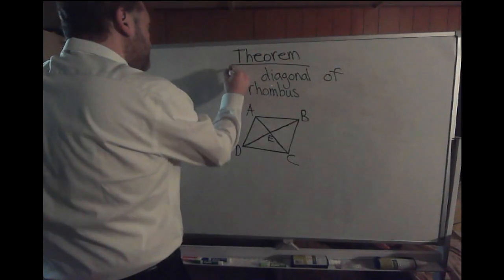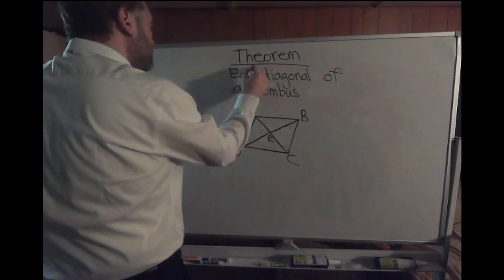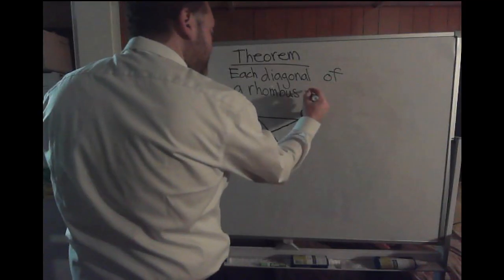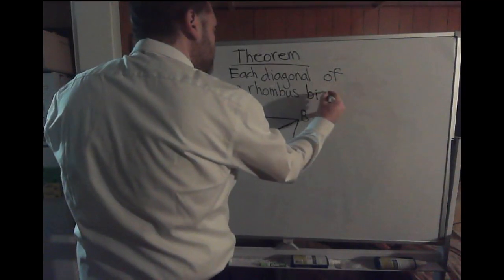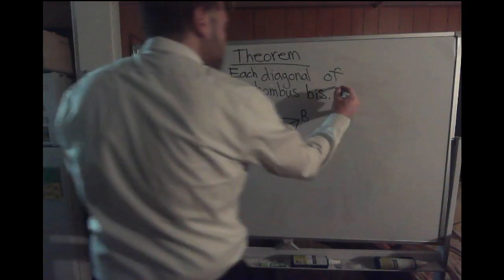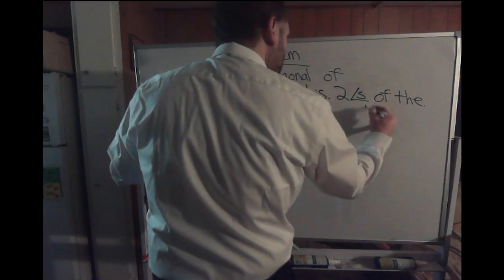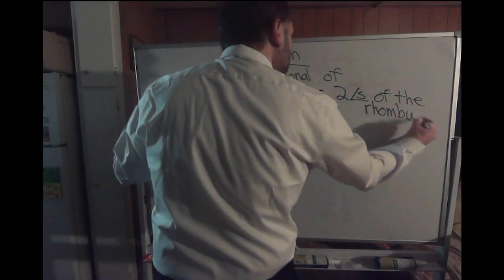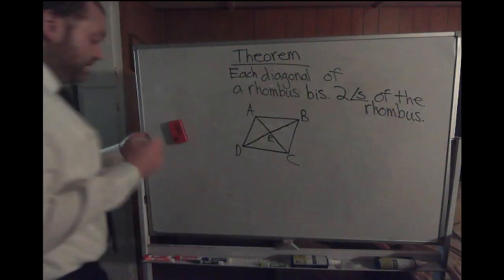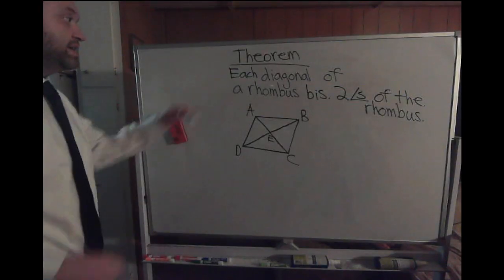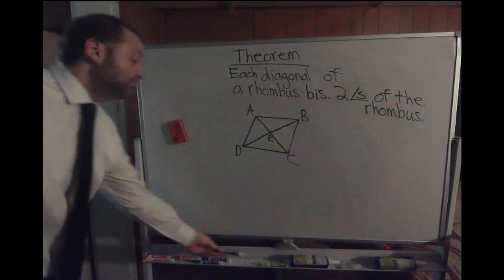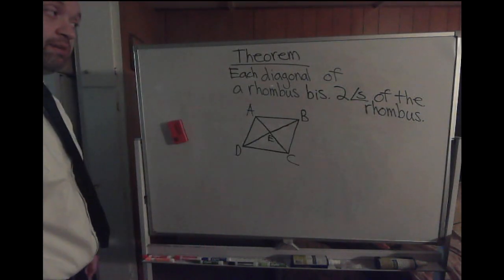Each diagonal of a rhombus bisects two angles of the rhombus. So this theorem states that each diagonal of a rhombus bisects two angles of the rhombus.